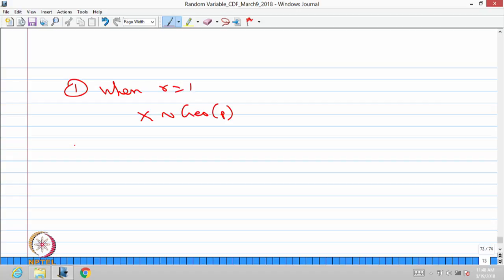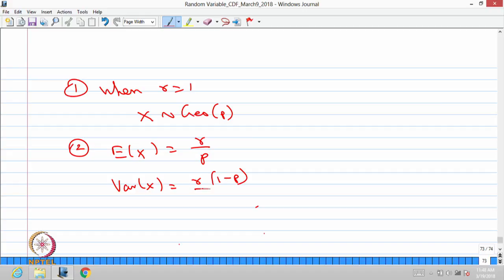For this random variable also, one can find the mean, variance and so on. The mean of this random variable is r divided by p, and the variance of this negative binomial is r times 1 minus p divided by p square.